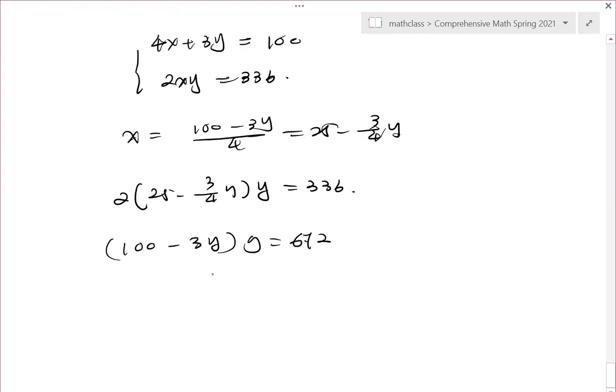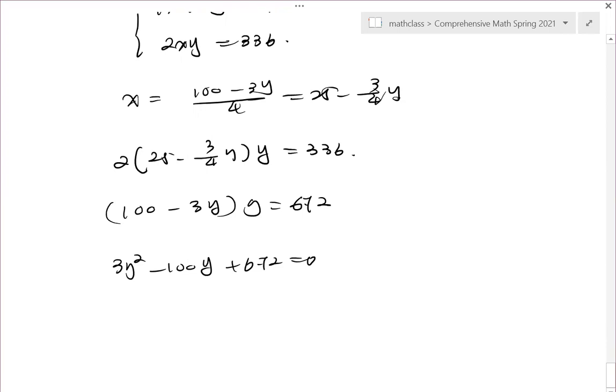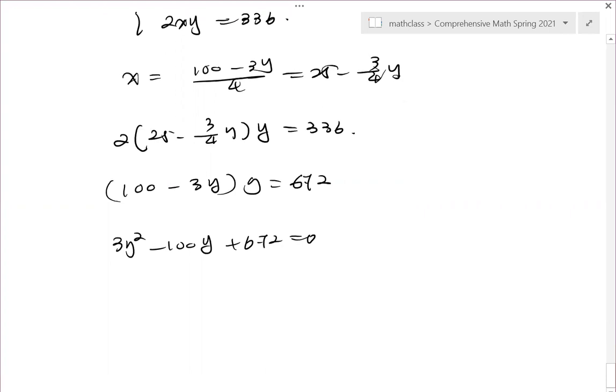You multiply this out and you get 3Y squared minus 100Y plus 672. Now that's straightforward. Maybe you find a shortcut, and you solve this equation.